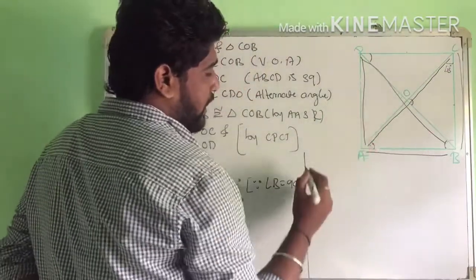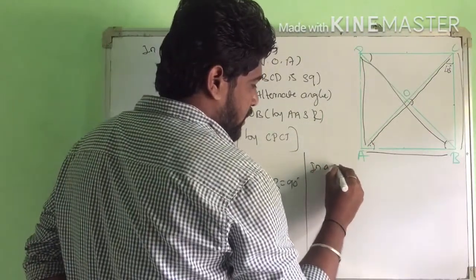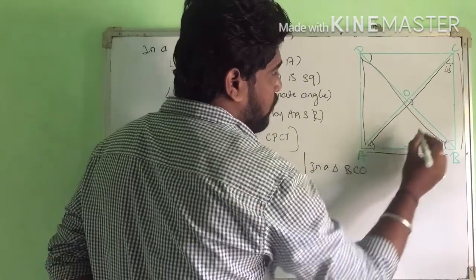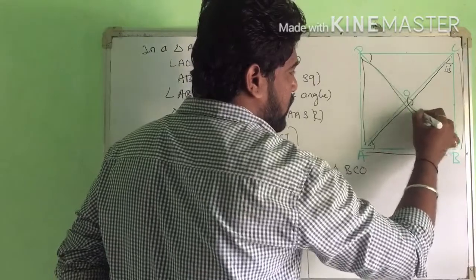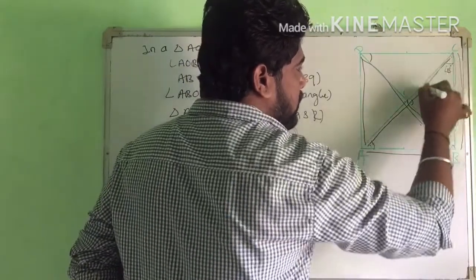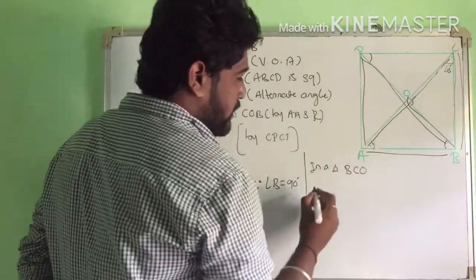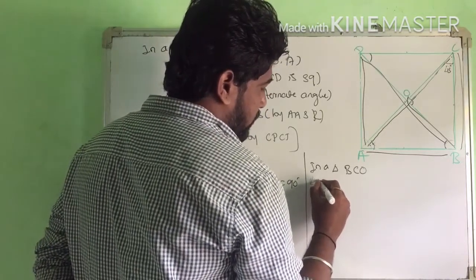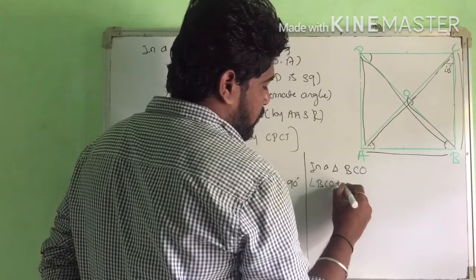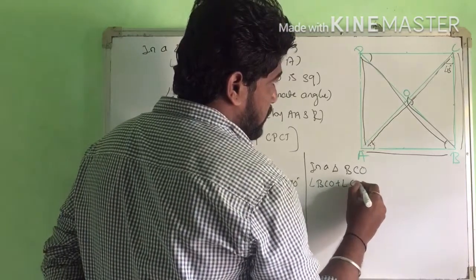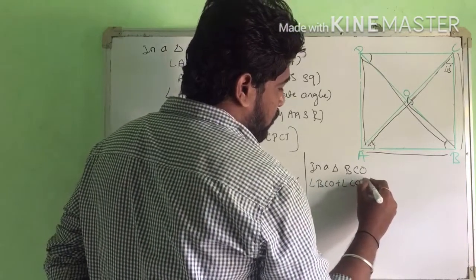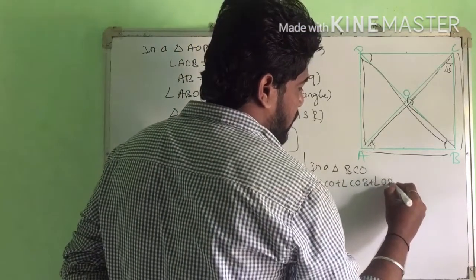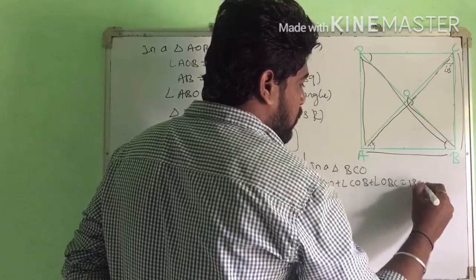Now consider triangle BCO. In this triangle, apply the angle sum property. So angle BCO plus angle COB plus angle OBC is equal to 180.